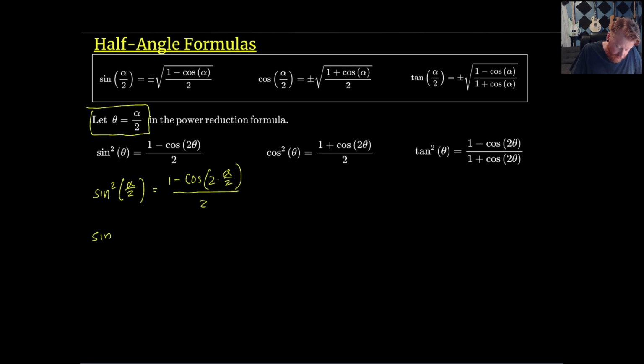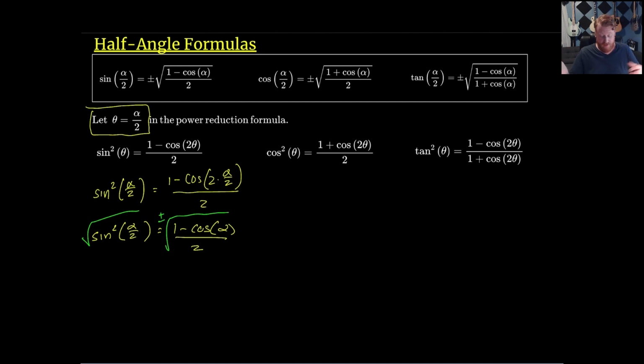So we're going to have sine squared of alpha over 2 is equal to 1 minus the cosine of alpha, all over 2. And then we'll take the square root of both sides. Don't forget that when we take a square root, we need a plus or minus, and then we'll have to think about the situation that we're in as we're solving problems.